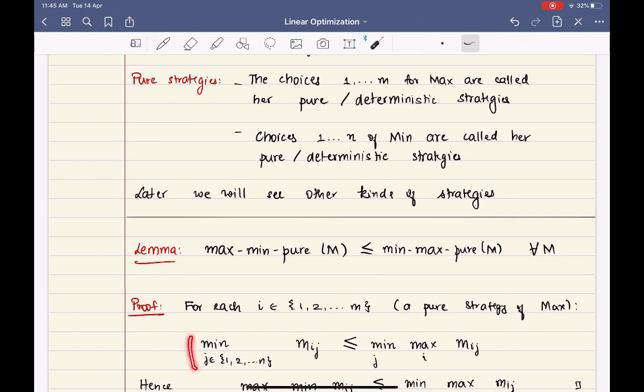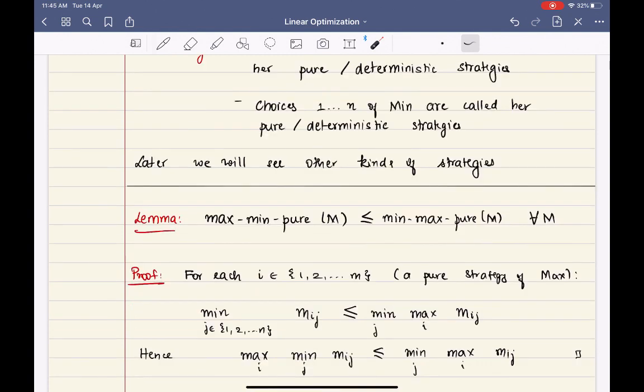The claim is that this min is less than or equal to min max. Now we will see this with a better illustration, but for the moment, suppose I give you this fact. For each i, the min over all j, mij, is less than or equal to min max.